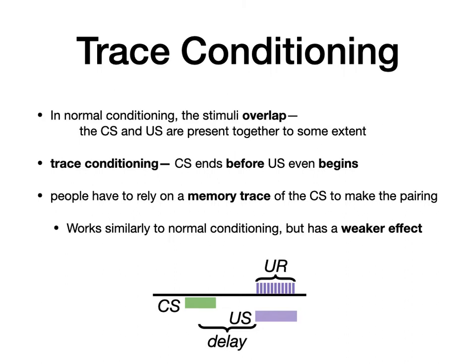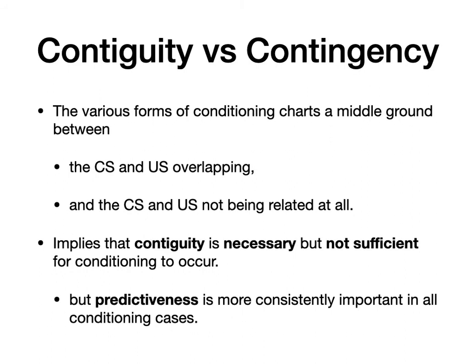Nearby in time. So, contiguity and contingency. The various forms of conditioning chart this middle ground between the conditioned stimulus and unconditioned stimulus overlapping, and the conditioned stimulus and unconditioned stimulus not being related at all, right?